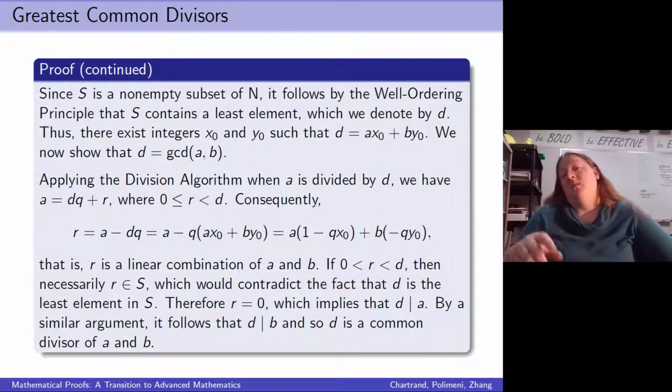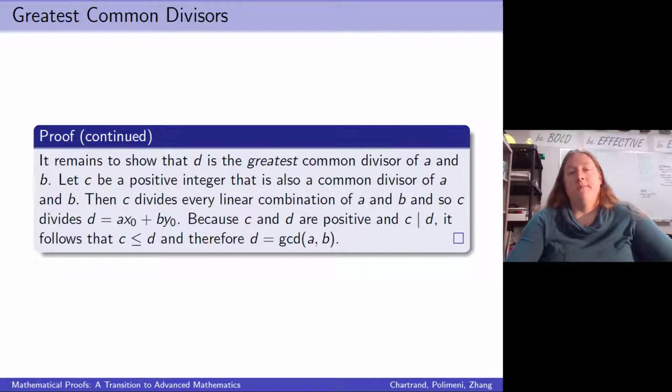But we're not done yet. We have that D is a common divisor, but we need it to be the greatest common divisor. So we're going to take some positive integer, C, that's also some common divisor of A and B. Now, that means that C divides every linear combination of A and B. So C divides D equals A times x sub 0 plus B times y sub 0.